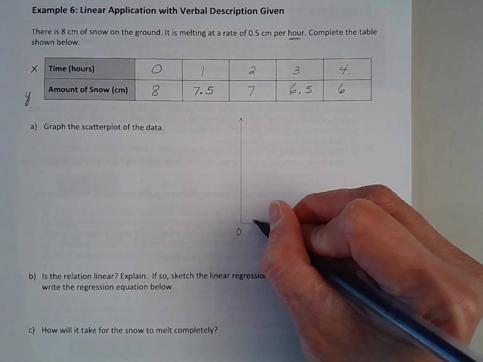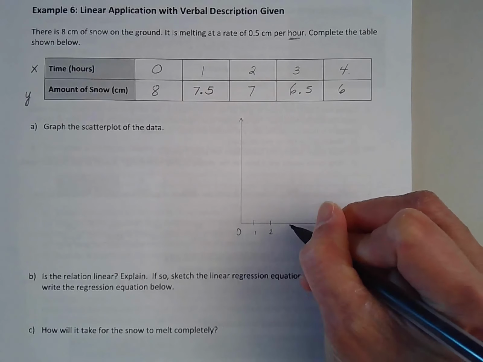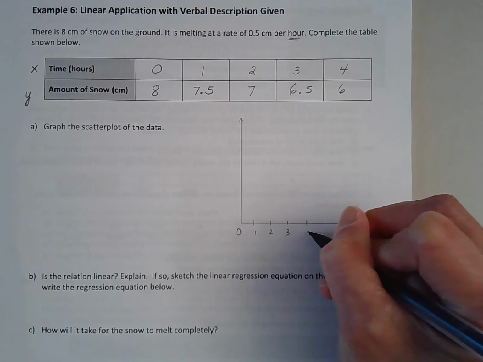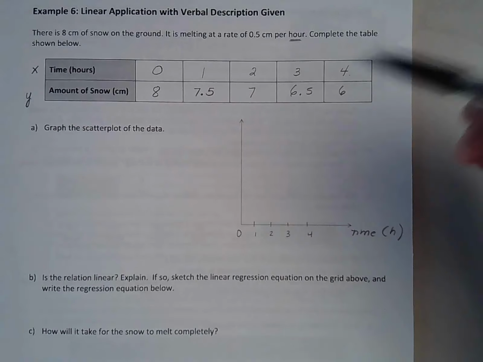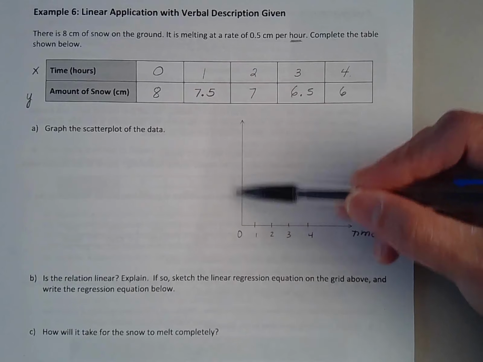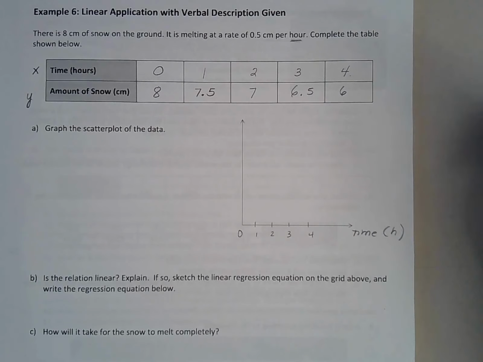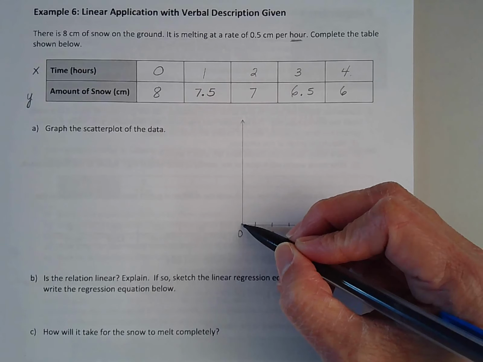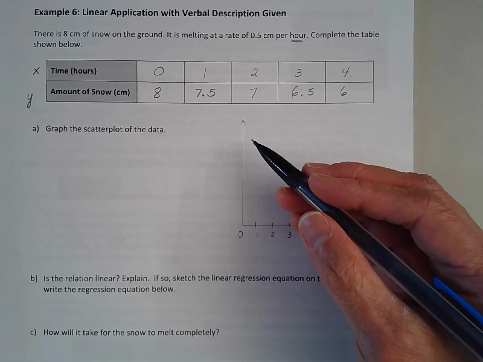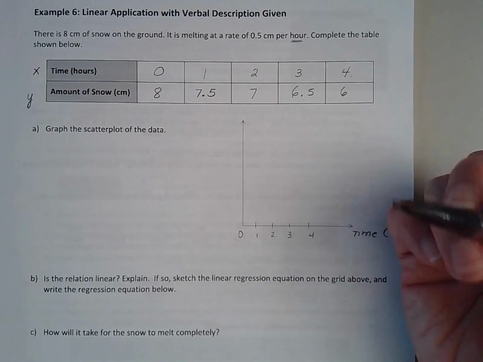Okay, so we can go 1, 2, 3, 4. That's good. Now, what about this one here? On the y-axis, we're going to go up by 1s. Okay, so starting at 0, how high up do we need to go?